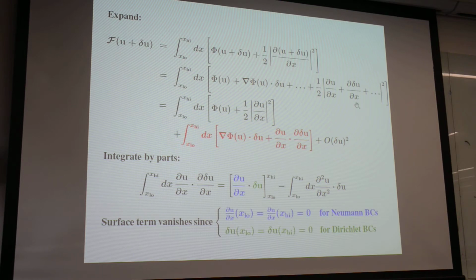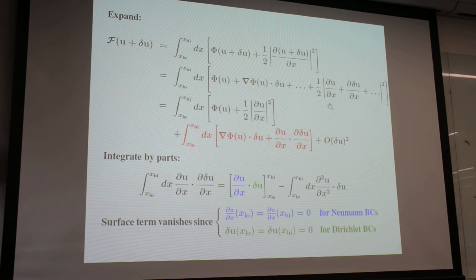And then I have the next terms, and the next terms are grad phi, and remember this gradient is taken with respect to the u's, not with respect to the x's. Gradient of phi dot delta u, you can see because I've taken a dot product with respect to u, not with respect to these. So it has something to do with derivatives with respect to u and v, or u1, u2, it's these kind of derivatives here.